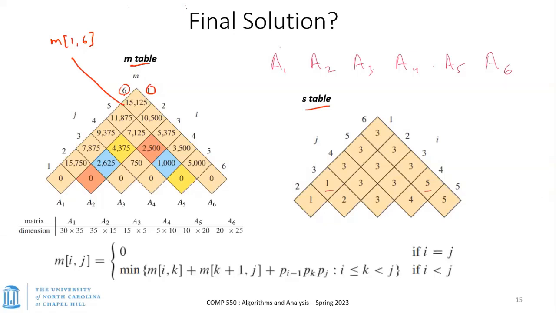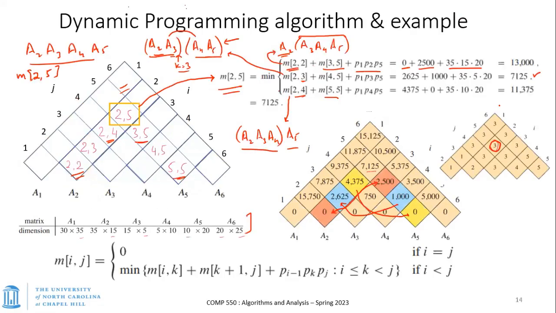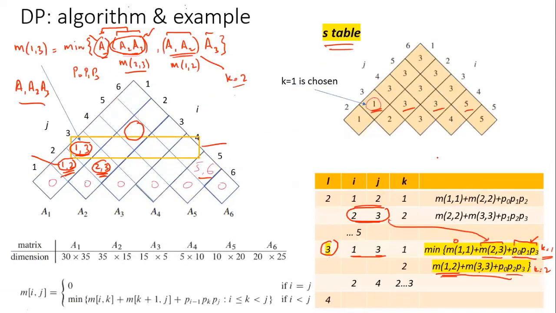Can we look at that and say, here is the order in which you're supposed to do the multiplications? Now remember, we're saving the value of k, the boundary point. Based on what I said earlier, the first example was that at this particular juncture, we selected k equal to 1.